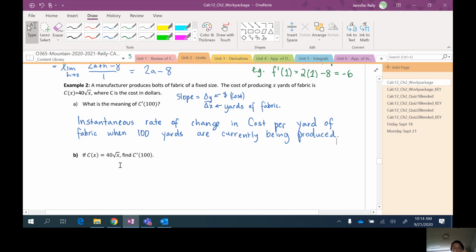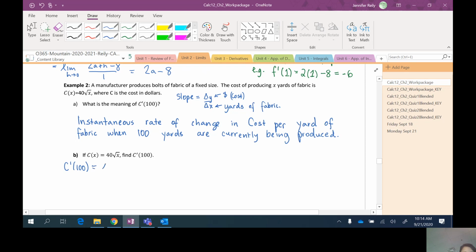So they're asking us now to find the instantaneous rate of change at 100. So I'm just going to write my formula down for slope, and this time I'm given a value of a. So I'm going to get an actual numerical value out as my answer.